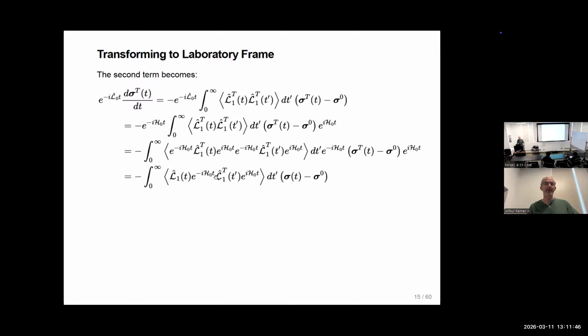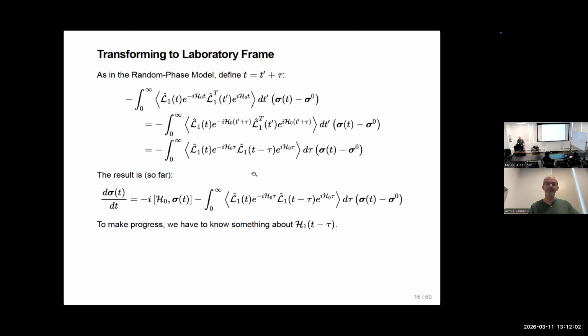Since t prime minus t is tau, t is t prime minus tau. So I'm going to substitute in for t here and here. T prime plus tau.